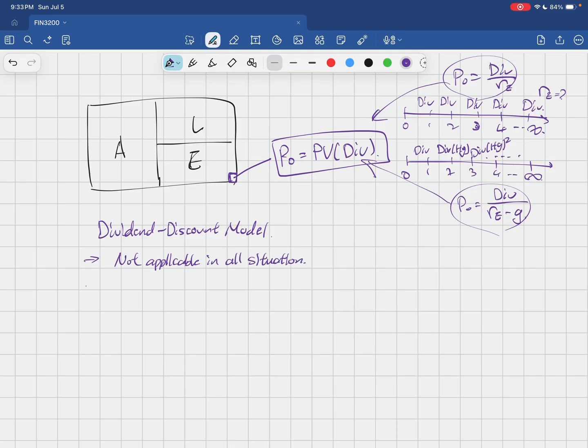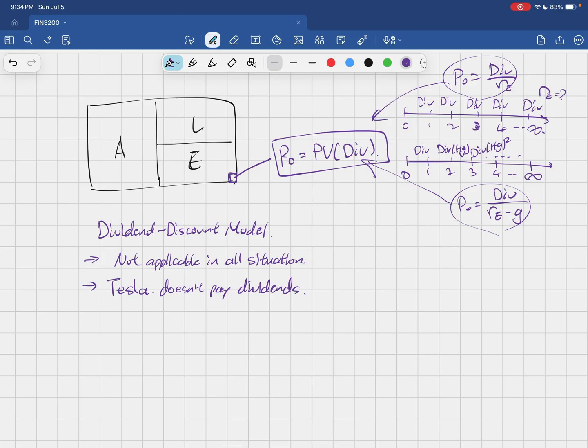For example, you guys know Tesla, right? Tesla doesn't pay any dividends right now. Its policy is to retain all of the earnings within the firm so it could invest in R&D and future growth. Rather than paying cash to shareholders, their policy is to retain all the earnings in the firm. So Tesla doesn't pay dividends.